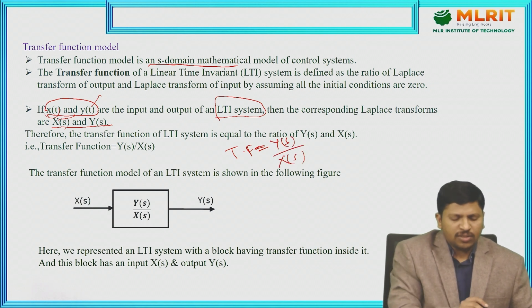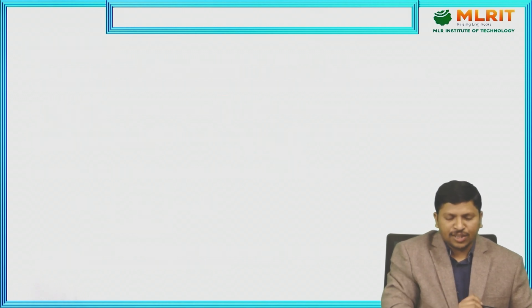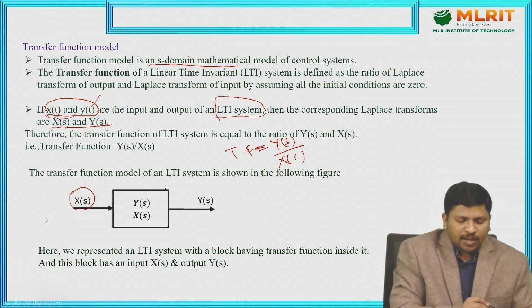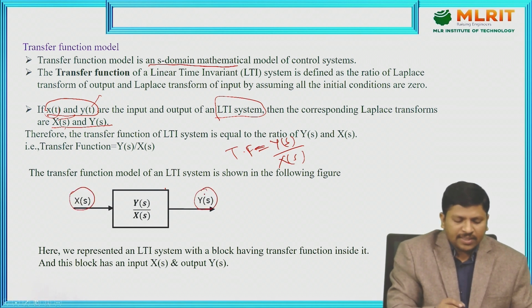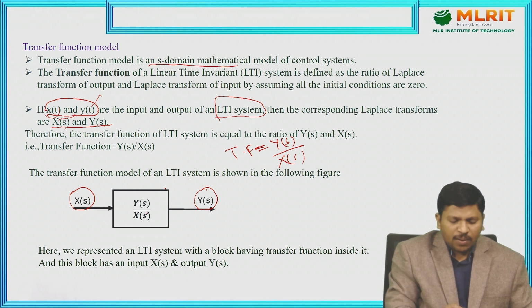Just observe, the transfer function model can be represented like this. I consider this as one LTI system, where the input is x of s and the output is y of s. This block is represented with the transfer function y of s by x of s, which is inside the block.